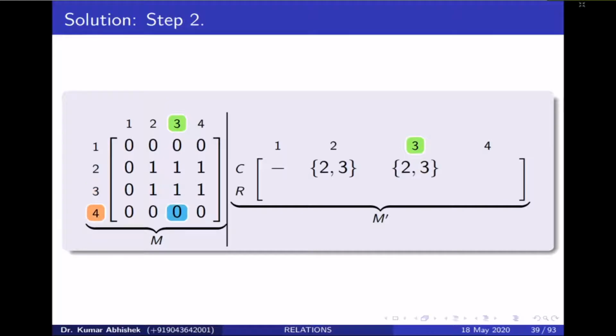Since there are no further non-zero entries in M under column 3, we close the entries in M dash. Now again we move to column 4 of M and move along the rows, recording the entries where we encounter non-zero entries. So this is how we complete row 4.